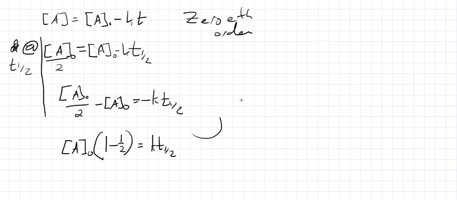So when we solve that for T1/2, we can see that it's just going to be equal to A0 divided by 2 divided by k.